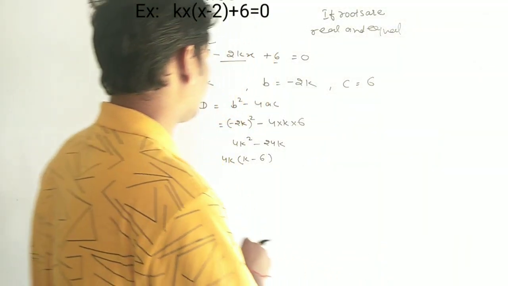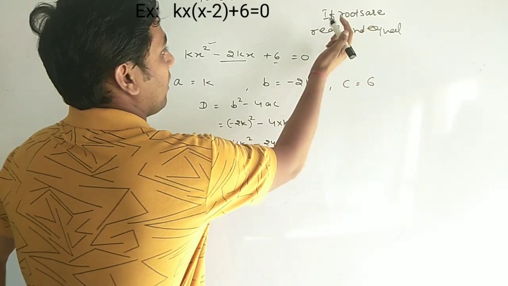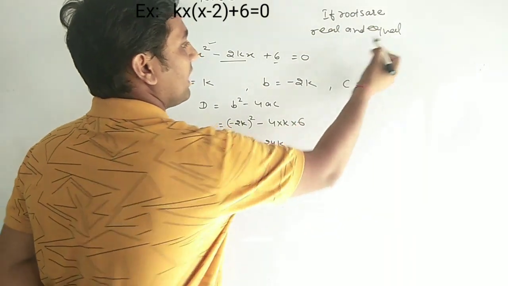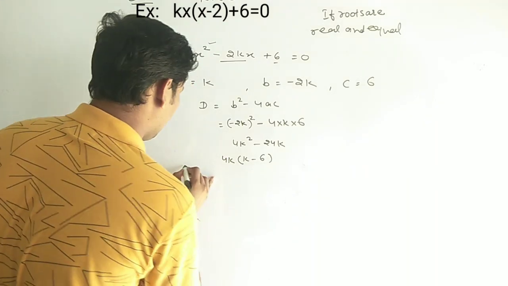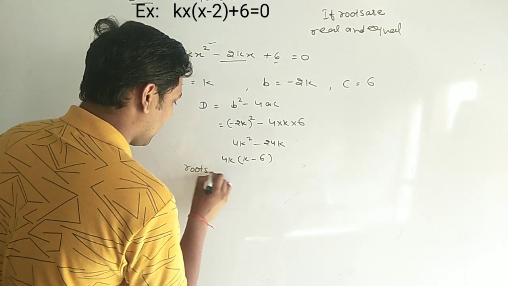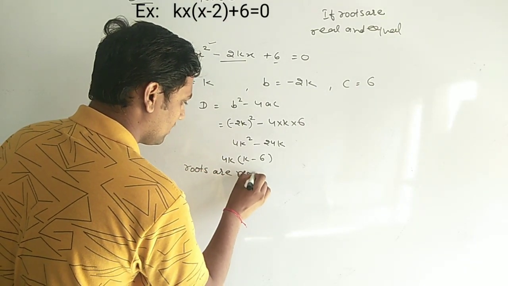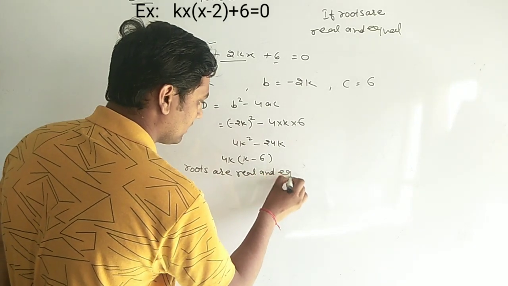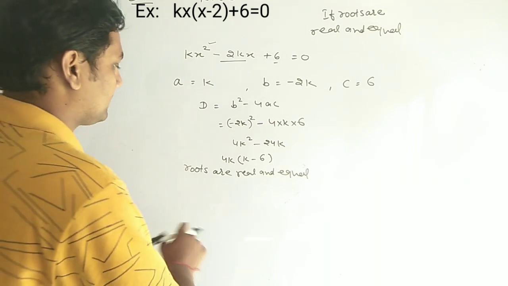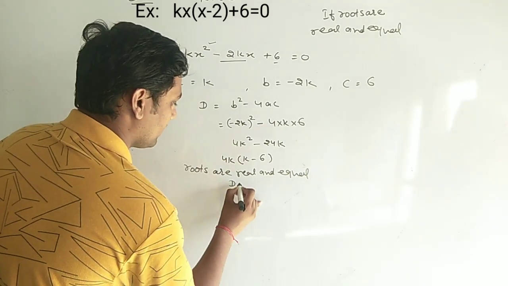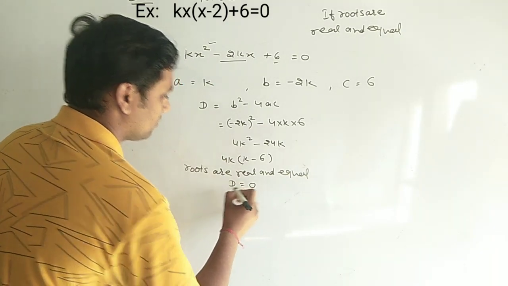Now, students, our condition is roots are real and equal. Then the discriminant is equal to 0.